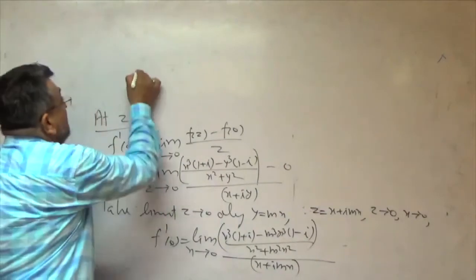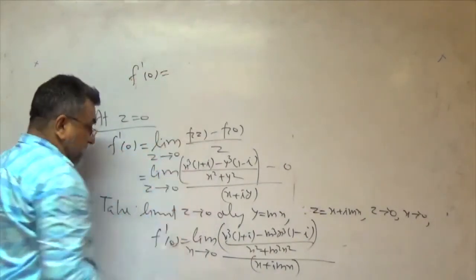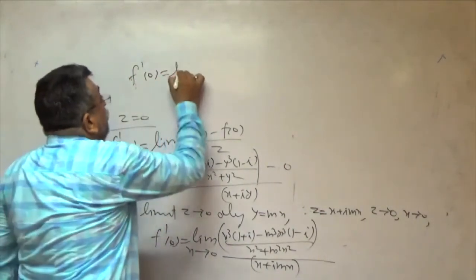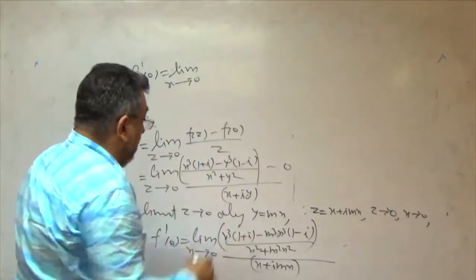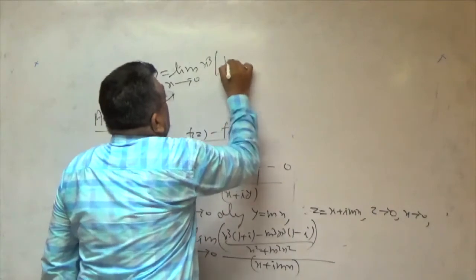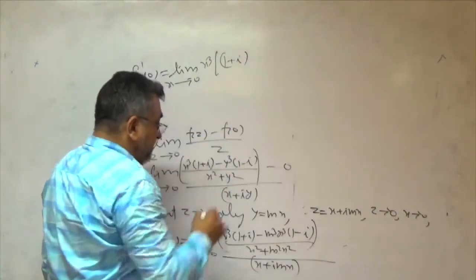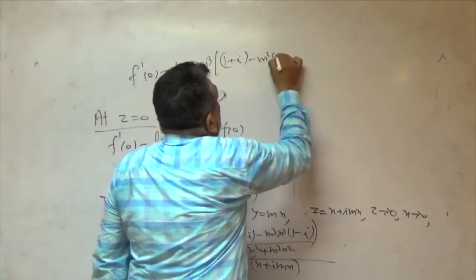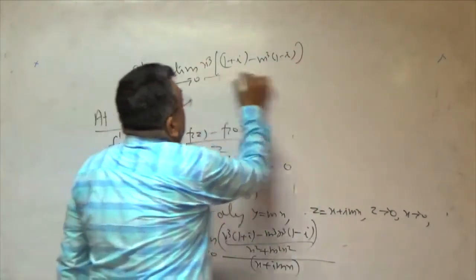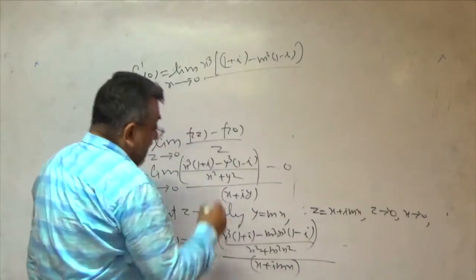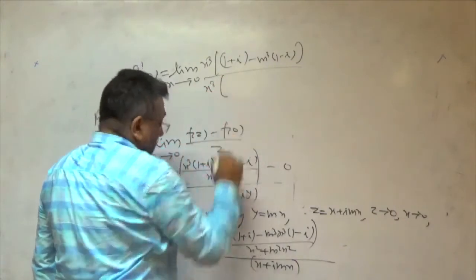We can take x cube common in the numerator, we get (1 plus i) minus m cube (1 minus i). In the denominator, we again get x cube as common.